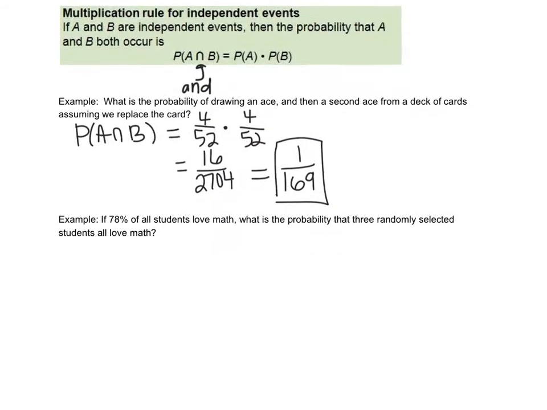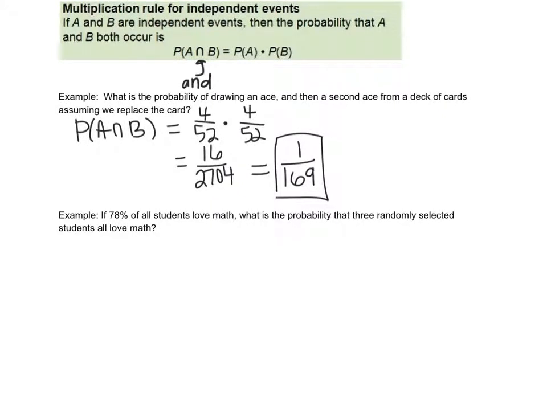Our second example says if 78% of all students love math, what is the probability that 3 randomly selected students all love math? This time we have 3 events, so we have the probability of A and B and C. It doesn't change how we perform it. We multiply all 3 probabilities. The probability the first student loves math is 0.78 because that's 78% as a decimal. The probability doesn't change for our second student.